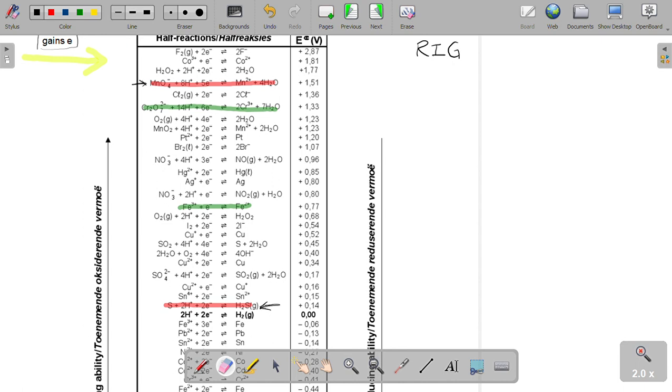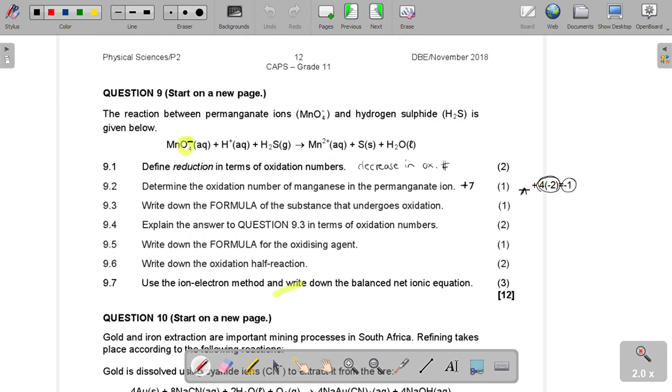En kyk ook na die rigting waarin ek die pyltjies nou geteken het. Okay. Goed, so met ander woorde, hierdie ene gaan die oksideermiddel wees, which we'll get to later. And this one will be the reducing agent, soos wat hy daar is. En as hy die reduseermiddel is, net gou weer terugkom op hierdie ene, hulle sê vir my, gee die formule van die stof wat oksidasie ondergaan.